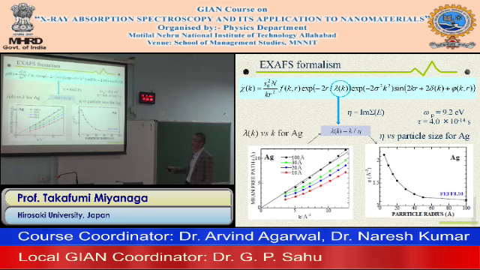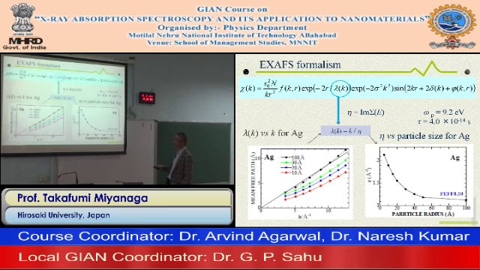And we obtained this linear coefficient eta. The eta is plotted against the particle size here. For large particle size, about 100 angstroms, it is saturated. This is from FEFF, a bulk calculation.